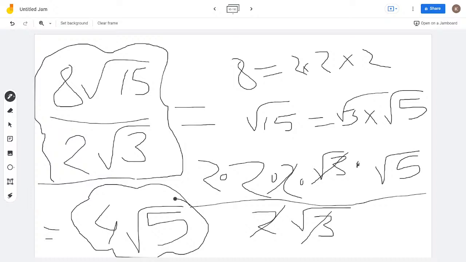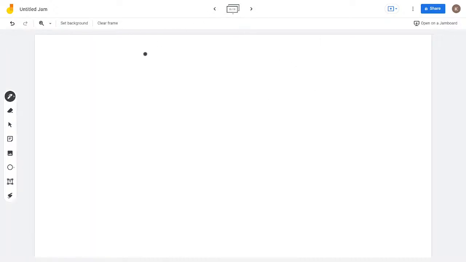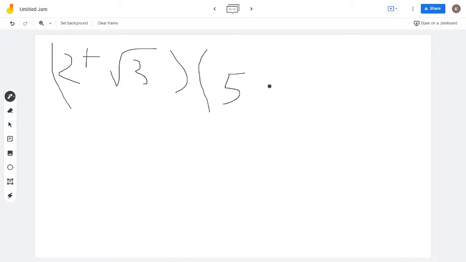Now, what do we do to solve an irrational number in order to get an answer as a rational number? Let's say you are asked to multiply 2 plus root 3 times 5 plus root 7, okay?